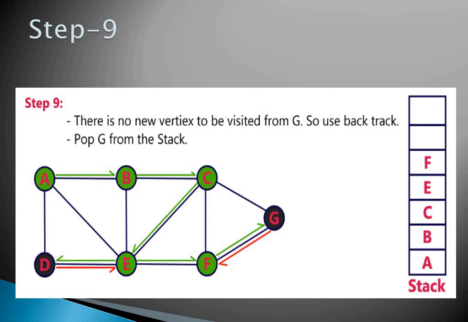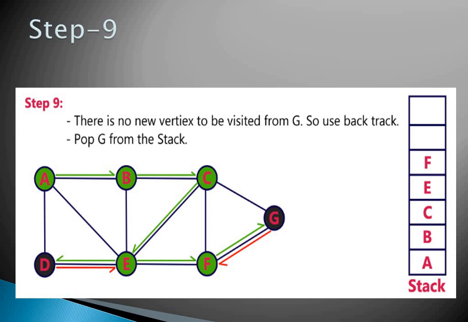So again we are going to apply the backtracking method. Backtracking means you are removing the element from the top of the stack. So G will become black, and whenever G becomes black, it is removed from the stack.